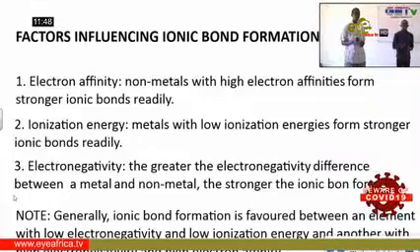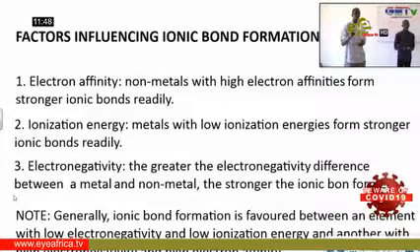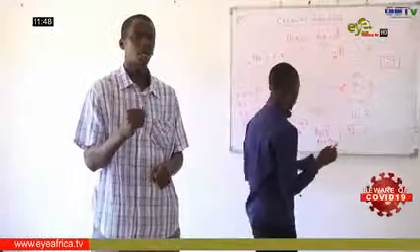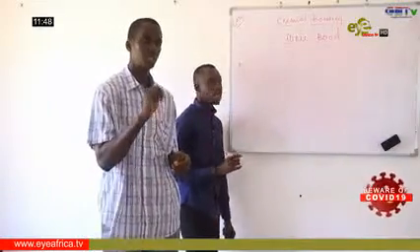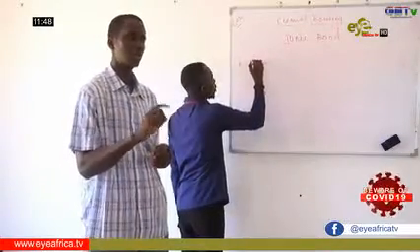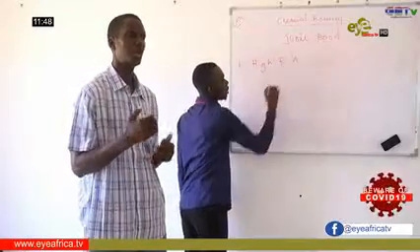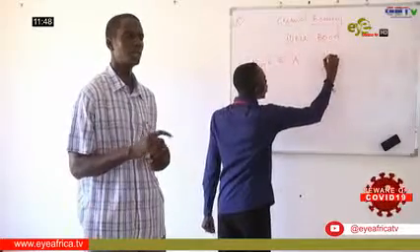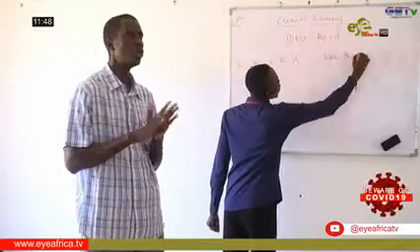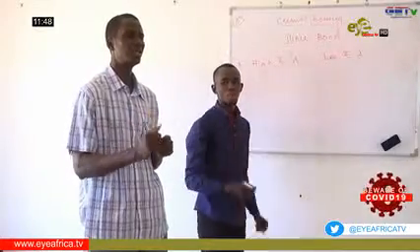Towards these electrons. Now, it says non-metals with high electron affinities form stronger ionic bonds readily. The first factor here is electron affinity. Non-metals with high electron affinity, when they react with a metal with low electron affinity, tend to form a strong ionic compound.